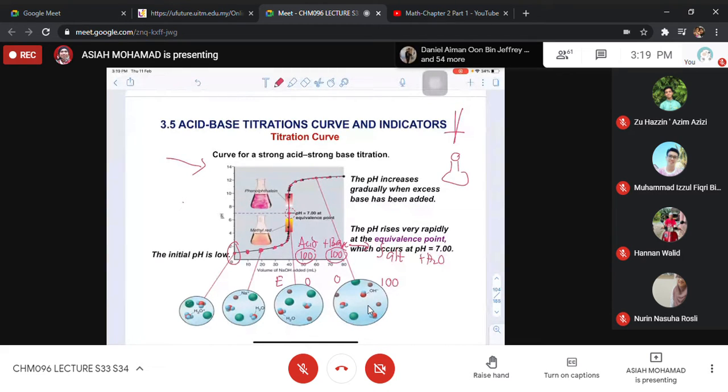After the equivalent point, if you add more base, the species present are your salt plus the base that you add. Later we are going to look at this in order for you to calculate the pH.